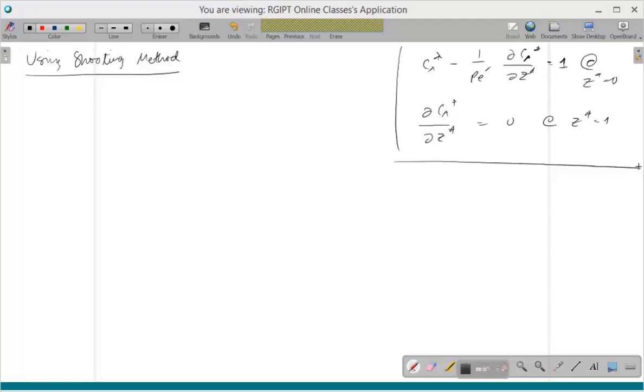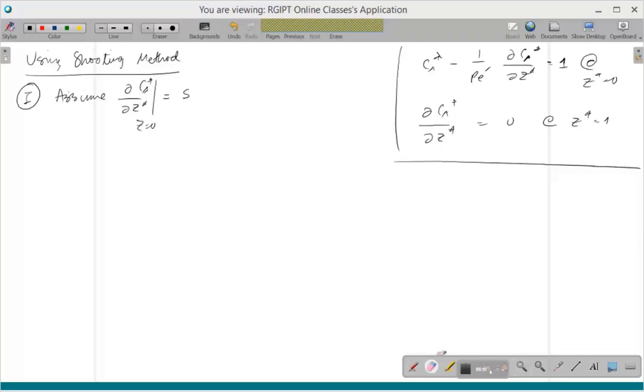Okay, so what you do here is, first method, you can assume dCA star by dZ star to have some value. Let's call that S, at Z equal to 0, because that is not given to me.